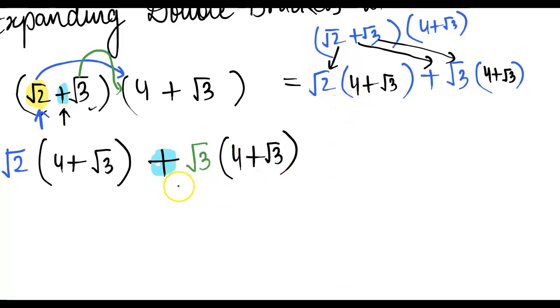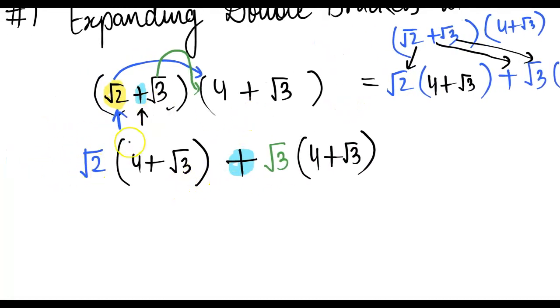Now let's start simplifying. This is nothing but what we discussed in our previous video. If you didn't see video number 6, the link is in the description box. I would suggest you not waste time, go there, understand, and then you are ready. So root 2 times 4, we're going to get 4 root 2.